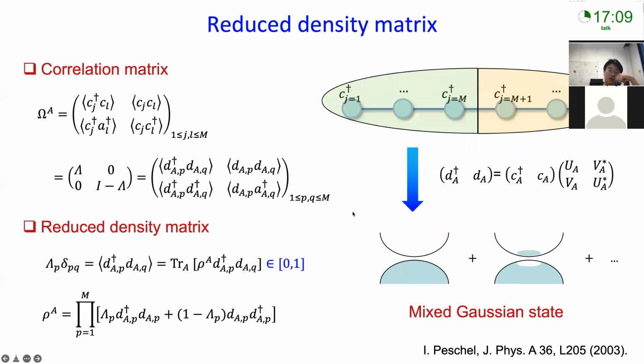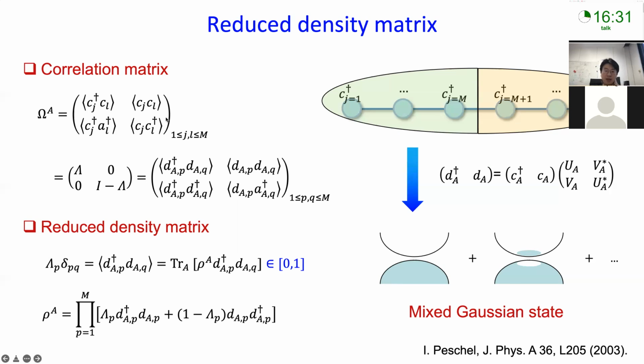And now we consider a subsystem A. Because we want to consider the reduced density matrix, we consider a subsystem A consisting of M particles, that is j equal to 1 to j equal to M. The reduced density matrix corresponding to this subsystem A is fully characterized by omega A. Actually, omega A is the submatrix of the original omega, where we restrict the lattice indices to those belonging to subsystem A. And omega A is Hermitian.